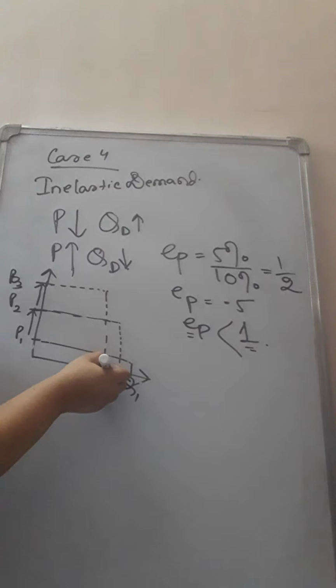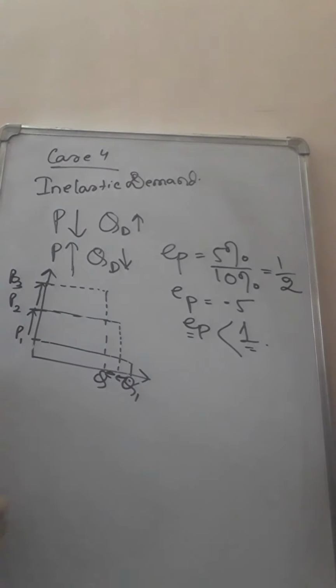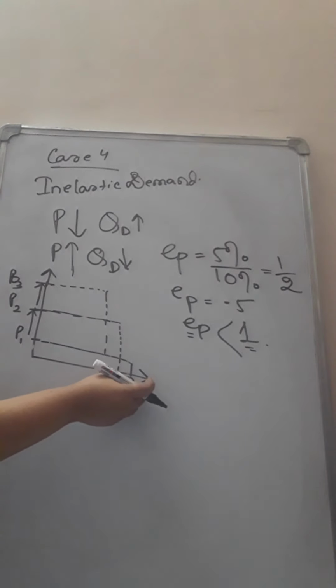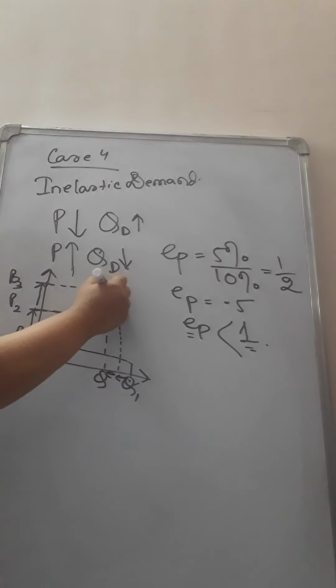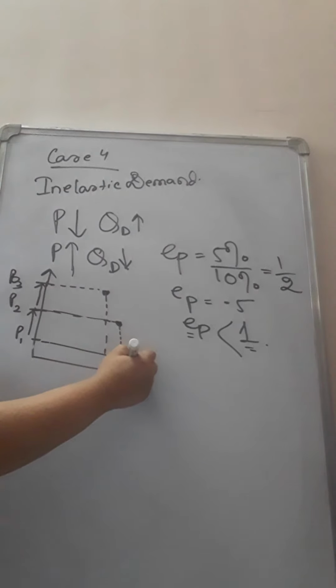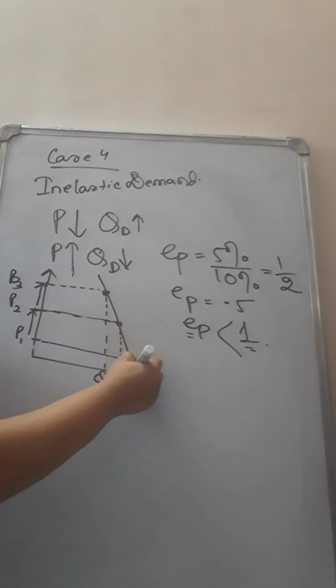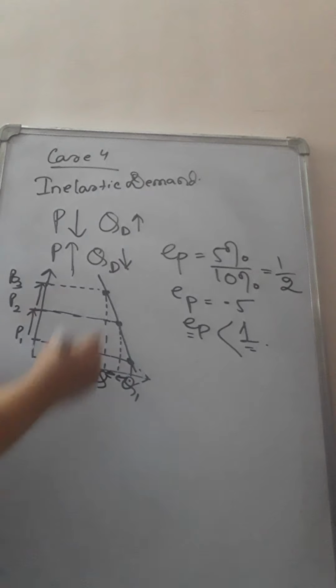It is falling more than before, but by a very small amount. So you can say that the demand is responding to the price change, but not by that much. When the price increases so much, then the demand should go down very fast, but it is not happening. Demand is going down but at a very slow rate, so the changes are very small. And if you plot this, you will get a very steep demand curve, a much steeper demand curve in case of inelastic demand.